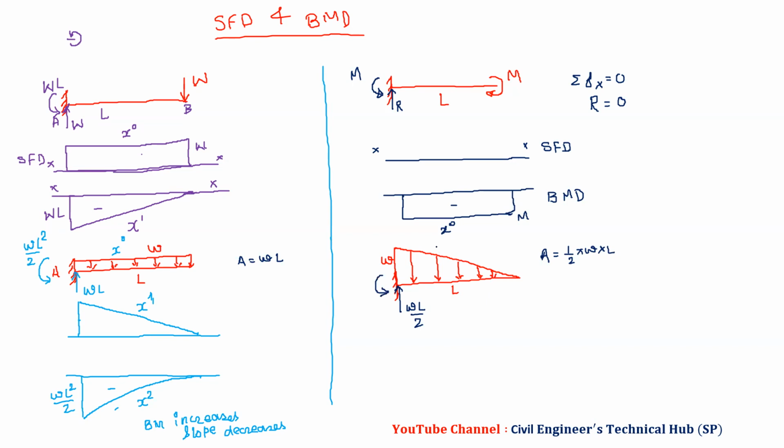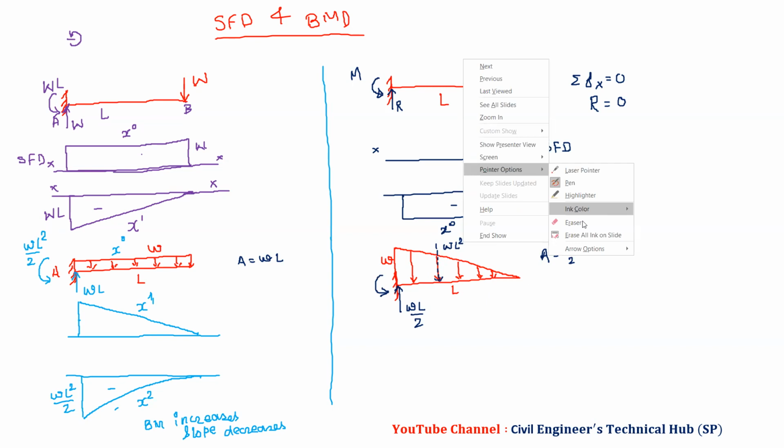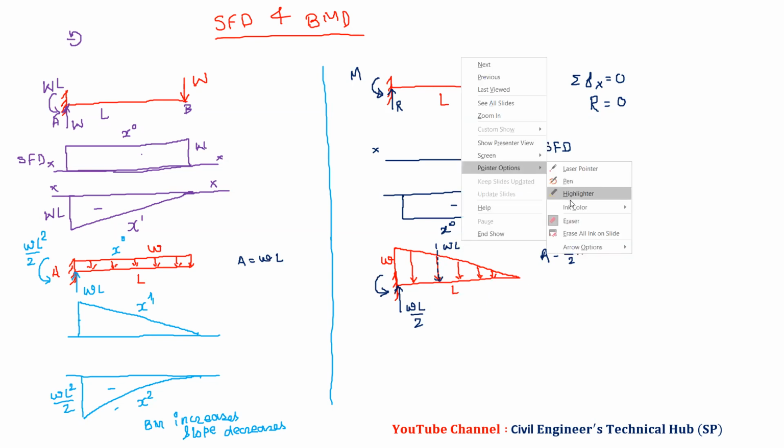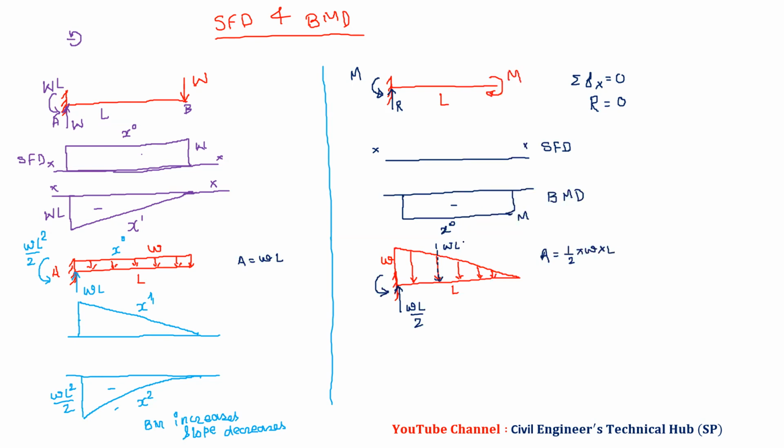The total load is WL by 2, and it will act at L by 3 from the right end. So this is WL by 2, and this is L by 3 from the right end, and we will get WL square by 6.